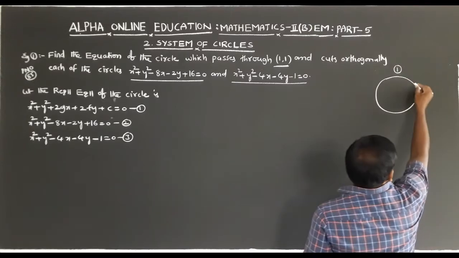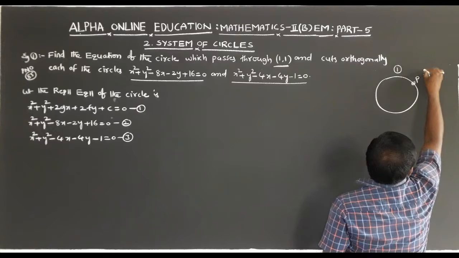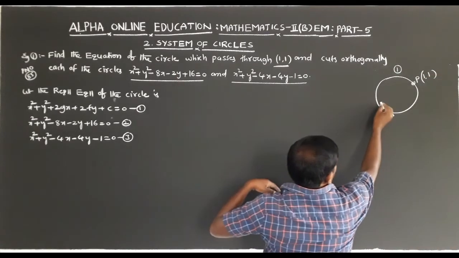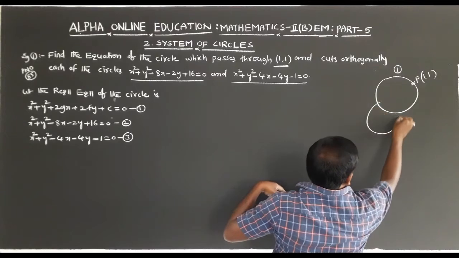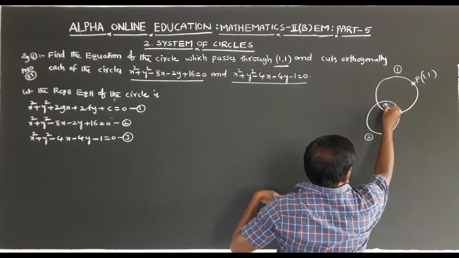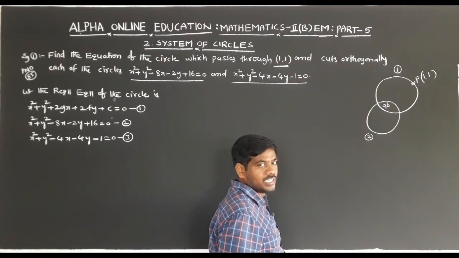The circle 1 passes through (1, 1) and cuts the second circle orthogonally, which means the angle between the two circles is 90 degrees.